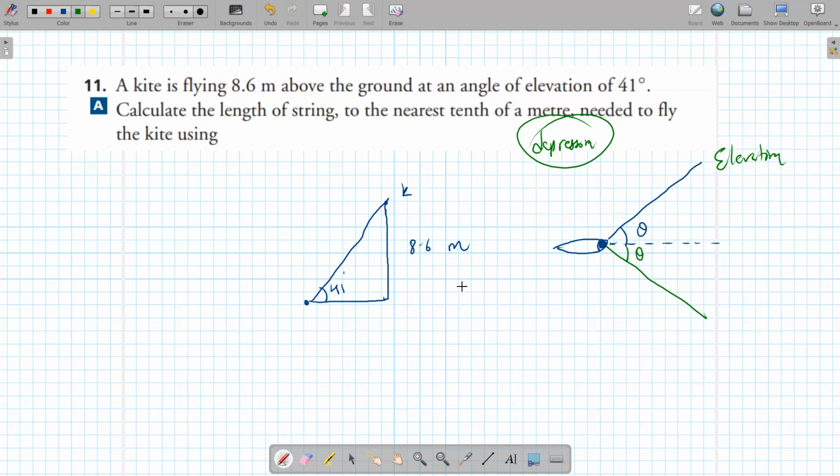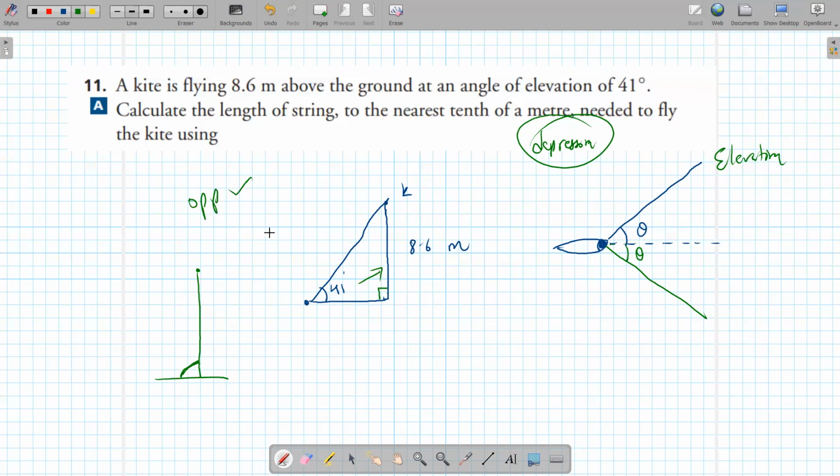So there's our angle. We know our opposite side is given, right? What do you think the angle is right here? There's a kite here. There's a ground right here. What's this angle between this and this? It's perpendicular. Anything that's straight up is going to be 90 degrees.